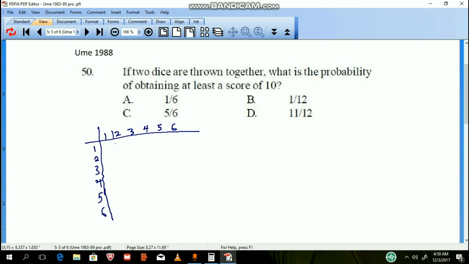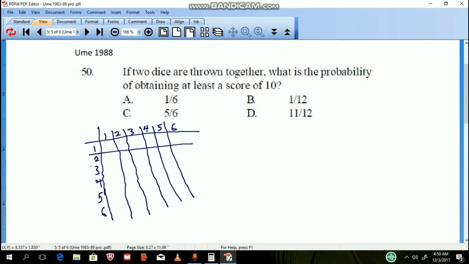Let's make use of the probability table. So at least a score of 10. That means from 10 and above.